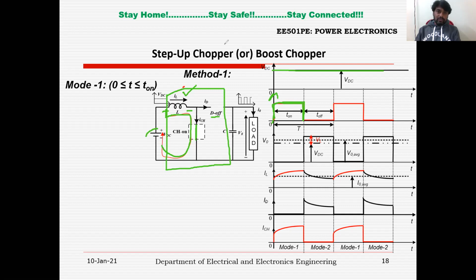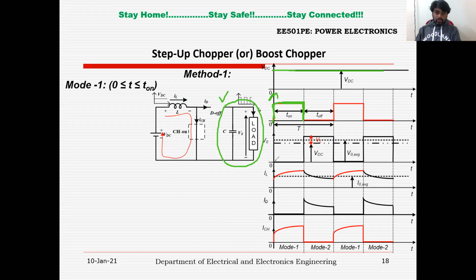So if that is in on condition, we know the equivalent circuit is the one now, where you can find the diode is in off condition. And since you can see the open circuit condition at this point, the load is isolated from the source, so there is no current to the load.